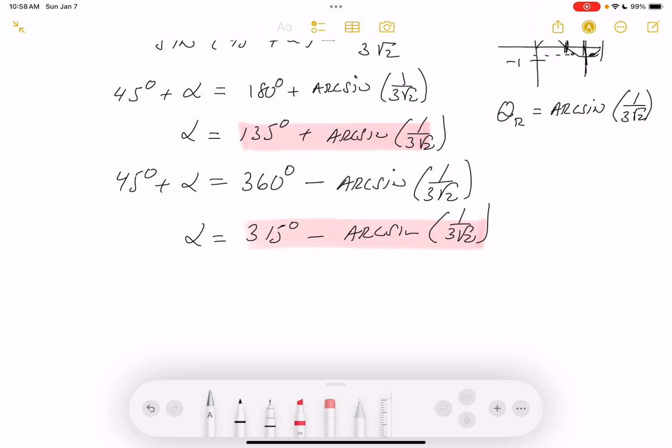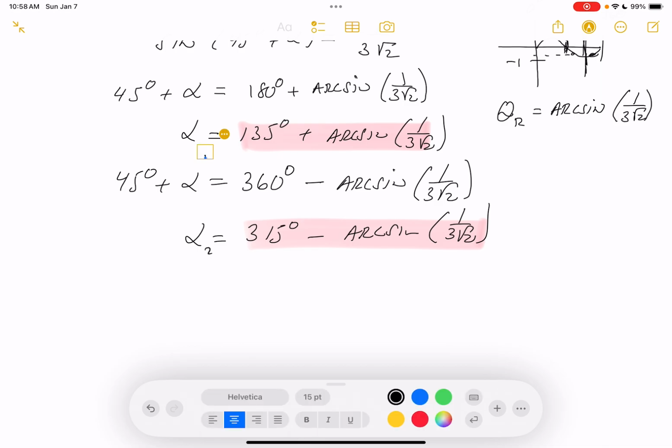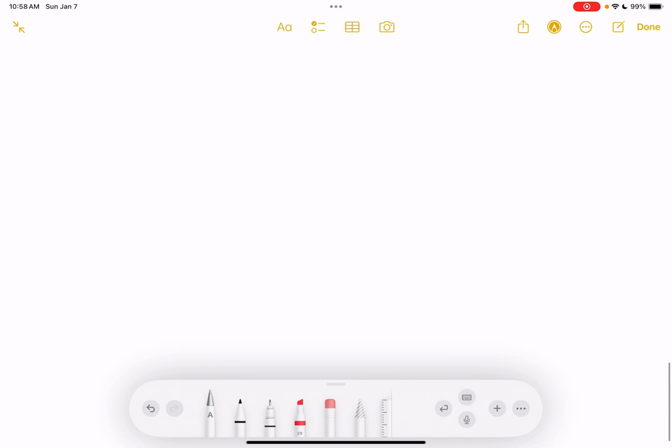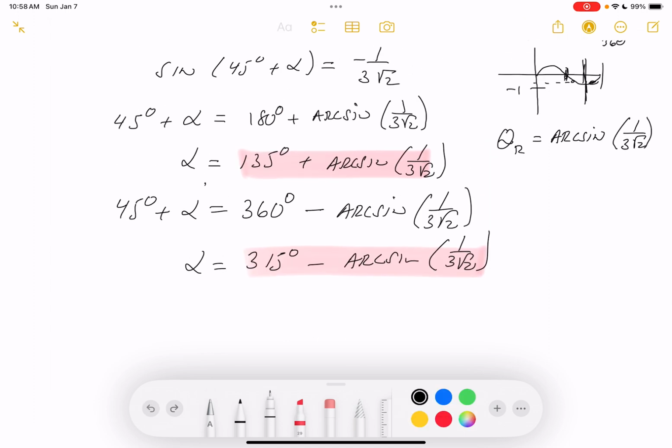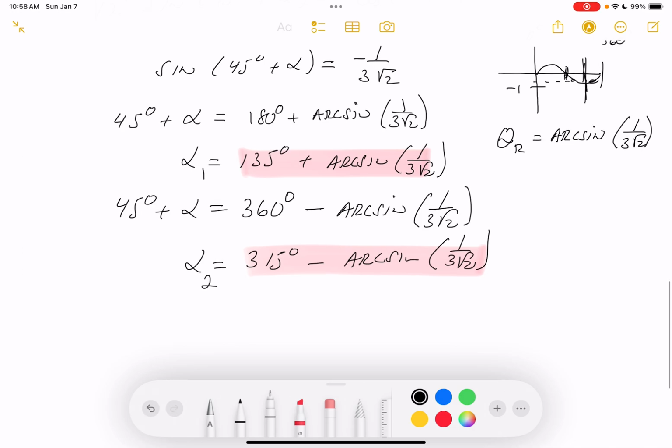I'll call this alpha 1, this alpha 2. So alpha 1 plus alpha 2 is going to be 135 degrees, again the arc sines disappearing, plus 315 degrees, which is going to give me 450 degrees.